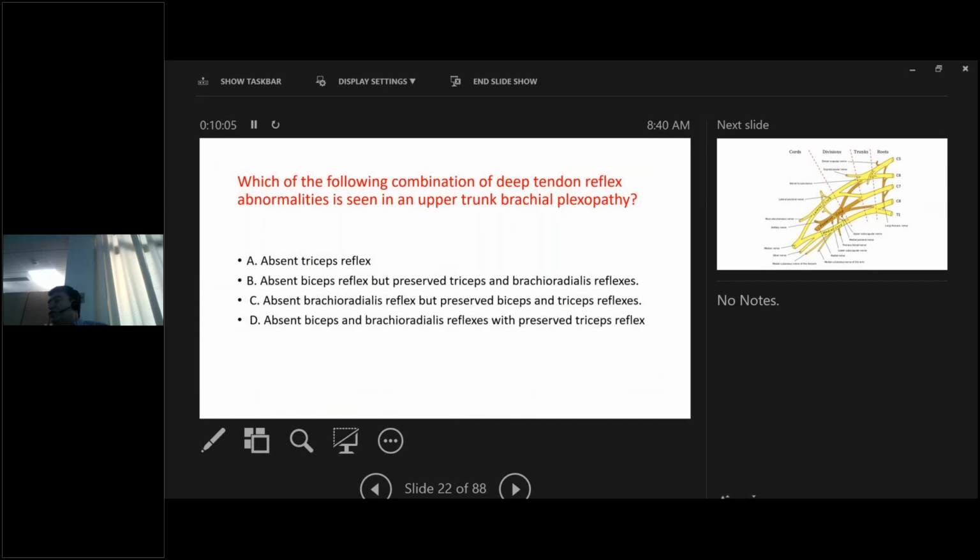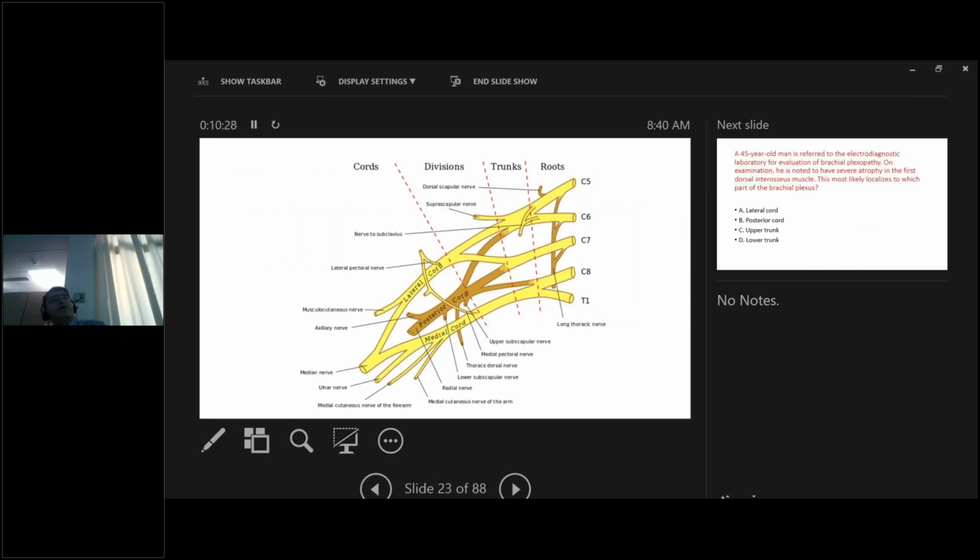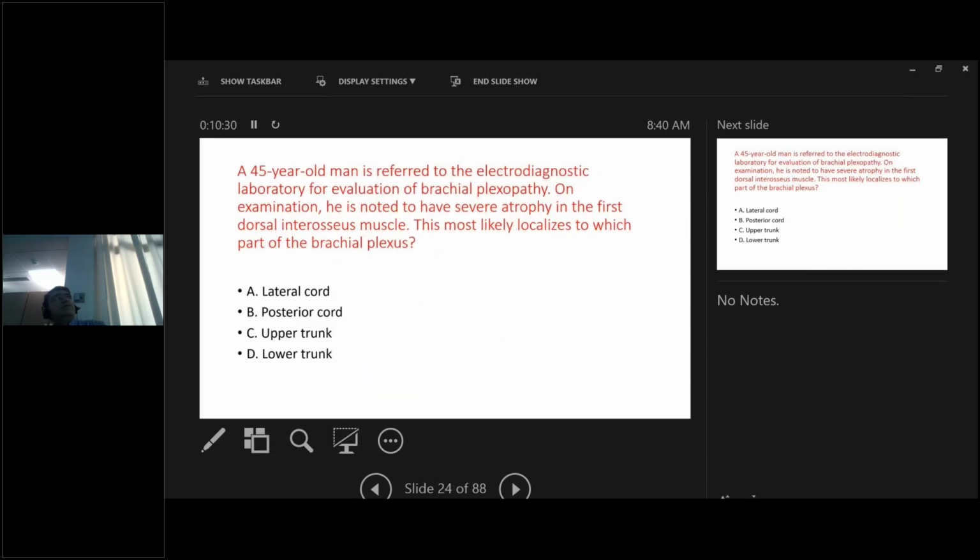The triceps is C7 mainly, so it's not. The finger flexor reflexes. Yes, it's not one of the major ones, but correct. And if you have middle trunk, you will lose C7 only, the triceps. So this is material for three questions. You guys know this.